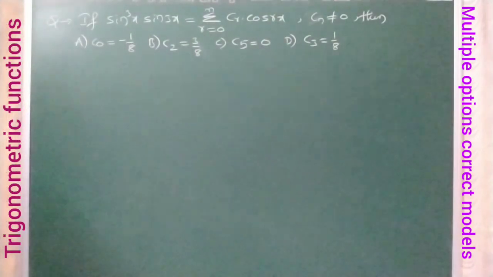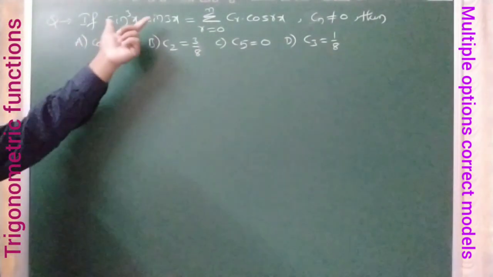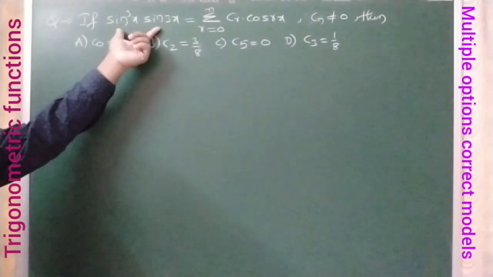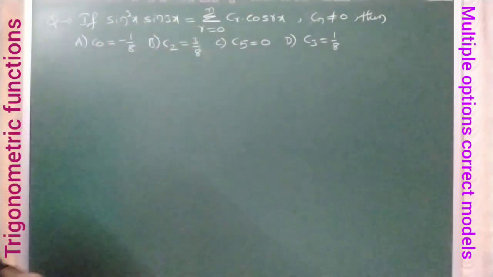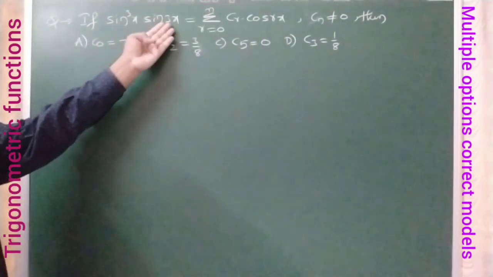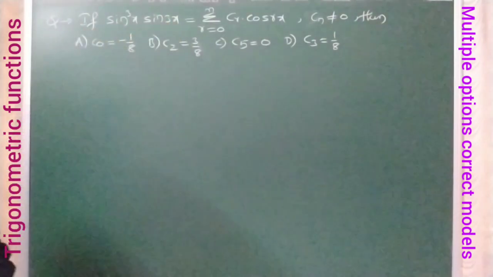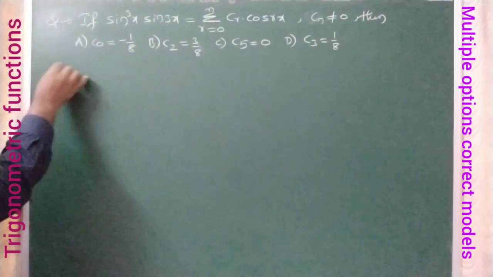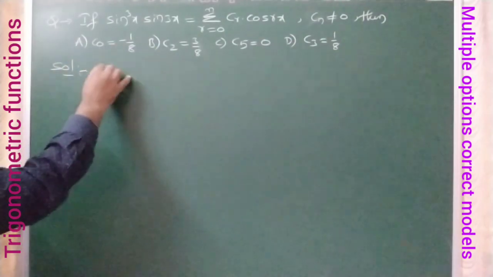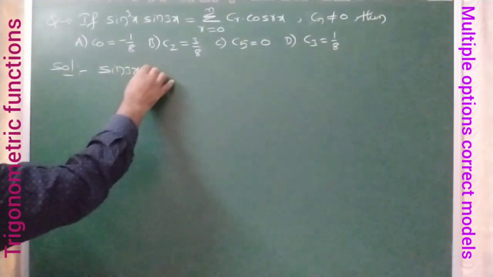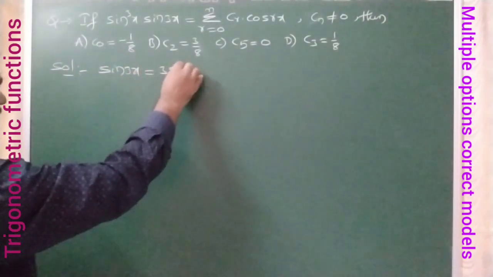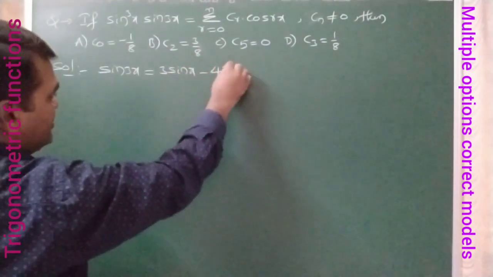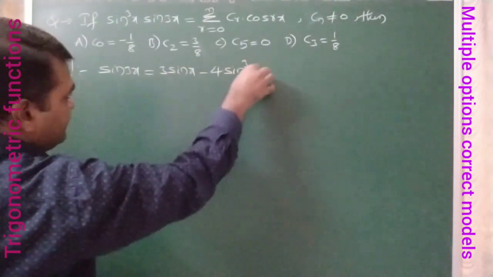Okay, so let us start by taking this LHS, and in the LHS we know the sin 3x formula. Using this, let us write the sin cube x value. So what is sin 3x? The sin 3x formula is 3 sin x minus 4 sin cube x.